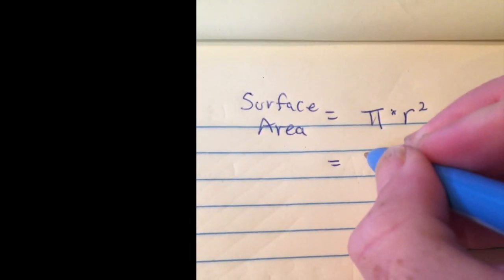So just to look at this surface area, and we already calculated this a couple days ago, but we'll do it again. Surface area of a circle, you'll recall, is pi times r squared. And pi is 3.14.